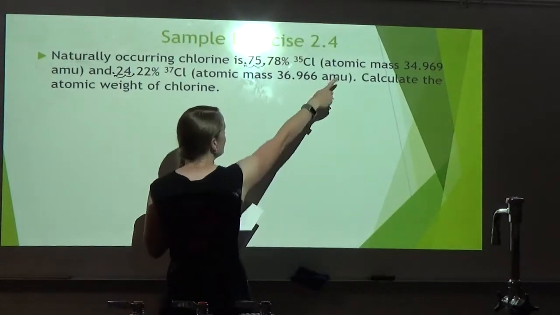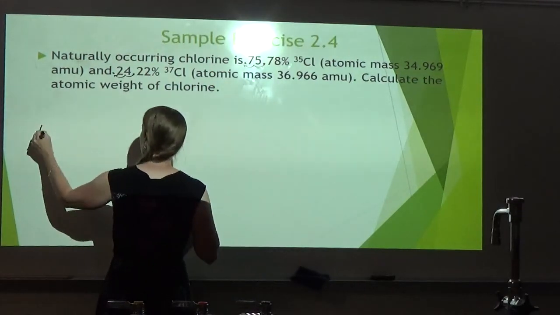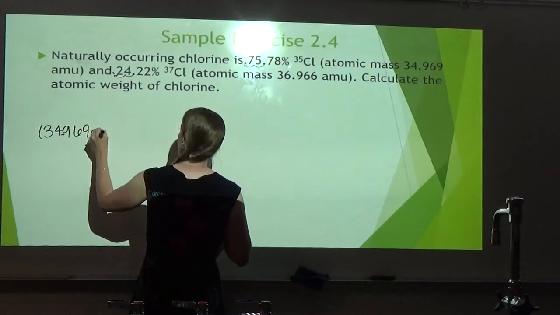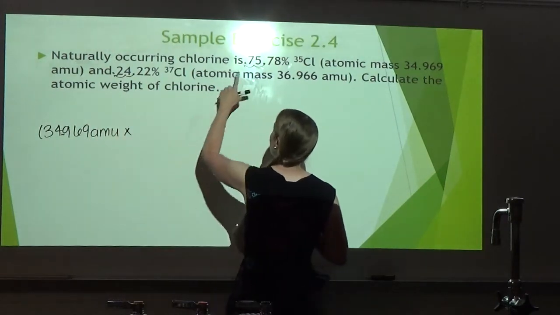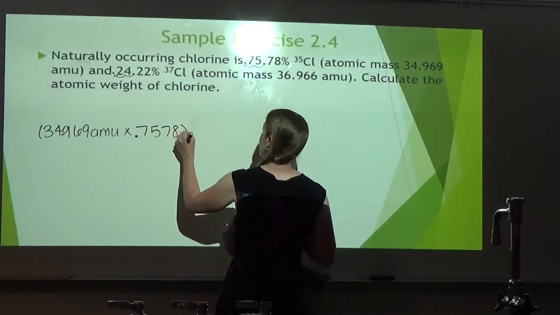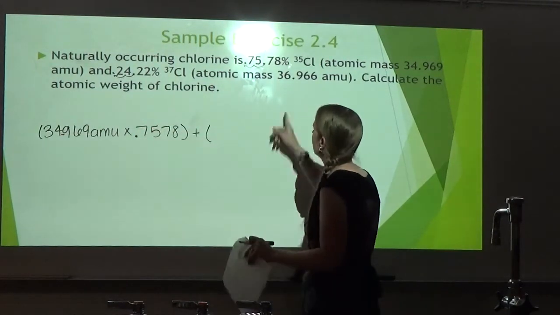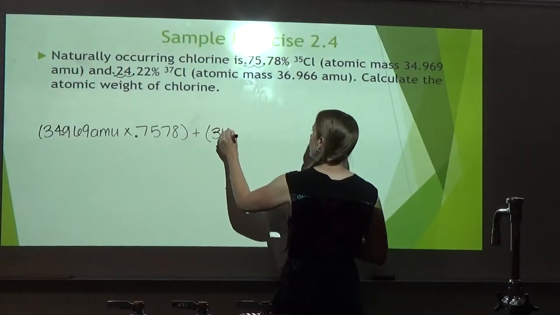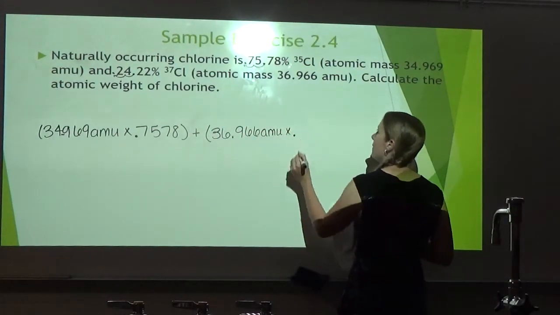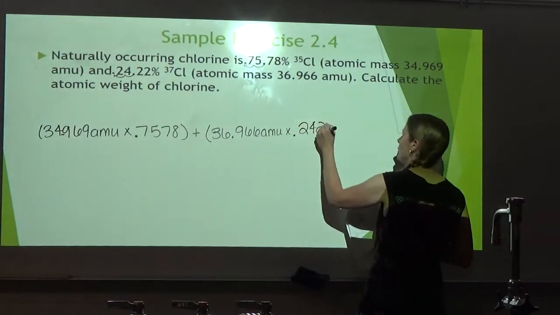Then all we do is we take the mass. So see, there's one of my masses, 34.969 AMU, and multiply it by its percent, but in decimal form, 0.7578. And then we just add the other one. So it has a mass of 36.966 AMU, and we multiply that by 0.2422.